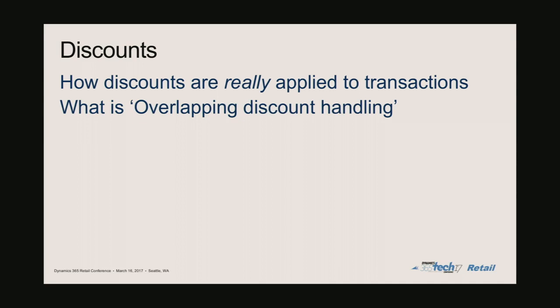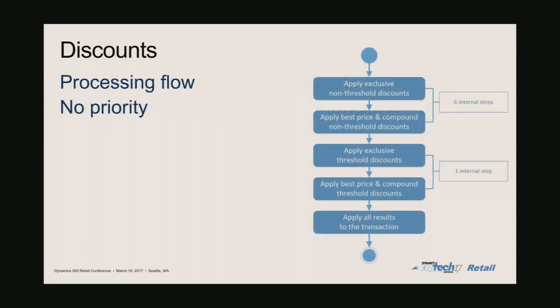And then I want to try to answer the question that I hear frequently: in the retail parameters, there's this setting called overlapping discount handling, it's got a lot of text with it, and what is that? I want to try to address that as well. This is just a summary view. I hope to have much more detailed views published to the wiki soon.